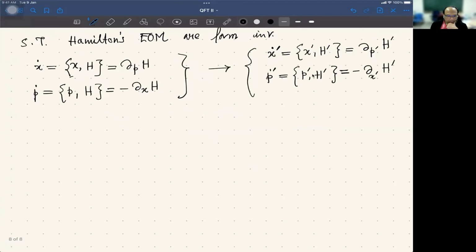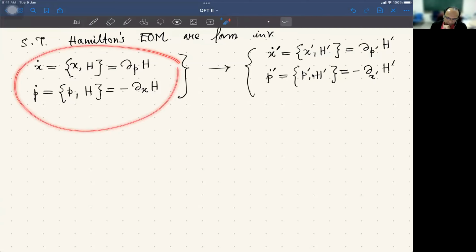Now, this result follows actually from the fundamental Poisson brackets. This result is characteristic of the fundamental Poisson brackets.